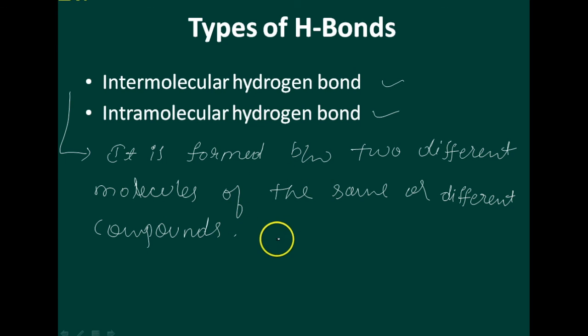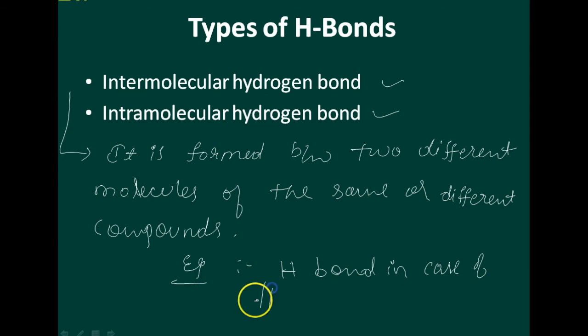For example, the H bond in the case of the HF molecule. This is about types of hydrogen bonds. Next, coming to the intramolecular hydrogen bond.